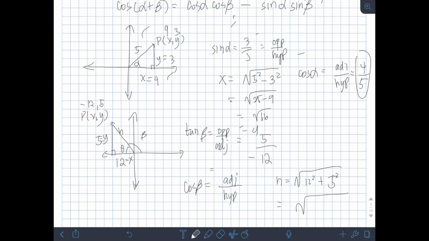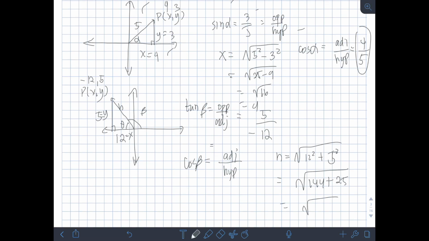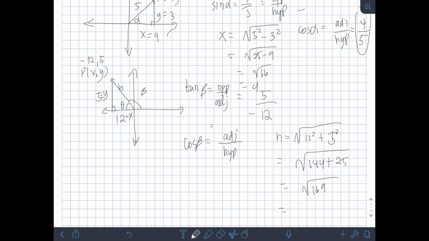So, we have square root of 144 plus 25, which is 169. Square root ng 169 is 13. So, therefore, hypotenuse is 13. So, masasolve na natin si cosine beta. Ano ba si adjacent dun sa theta? With reference dun sa mga sign, negative 12 over yung hypotenuse natin na 13.